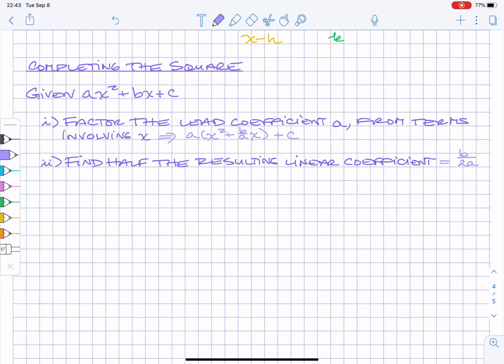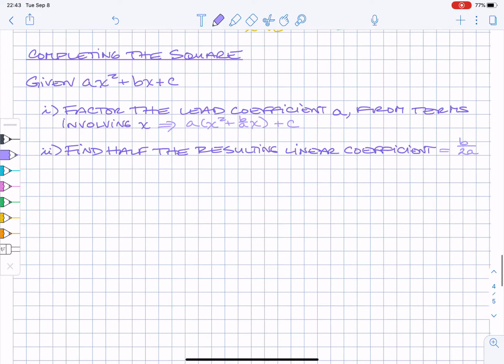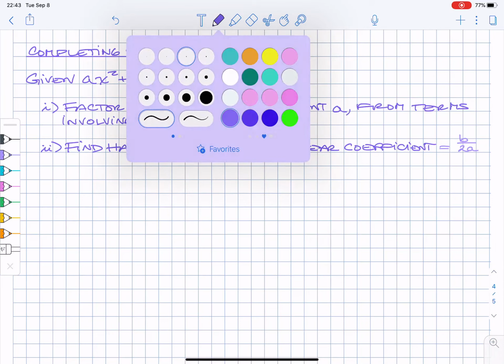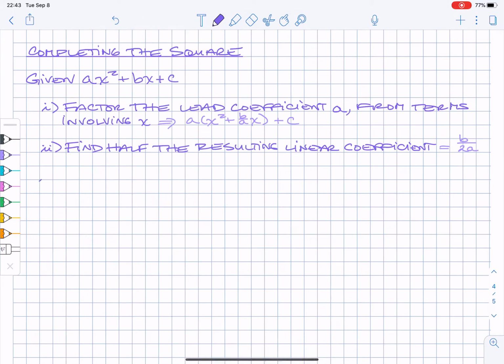Step 3, we're going to square that result. So what that gives us then is b squared over 4a squared.